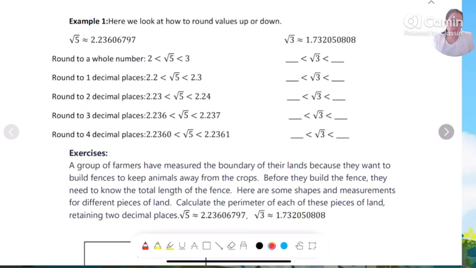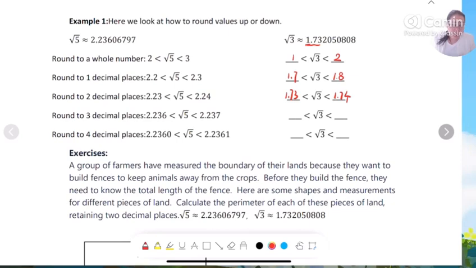Round to a whole number, the square root of 3 should be between 1 and the next is 2. Round to 1 decimal place, the square root of 3 is between 1.7 and the next is 1.8. Round to 2 decimal places, the square root of 3 is between 1.73 and 1.74.